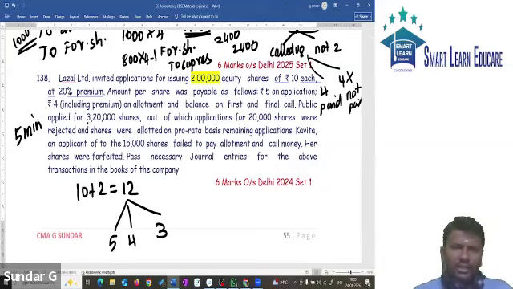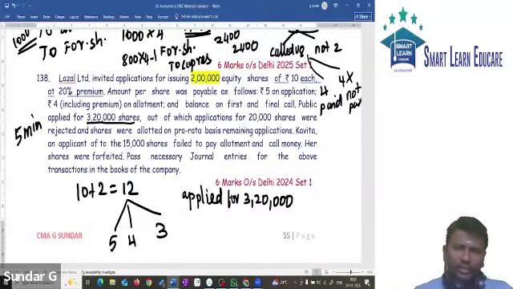Public applied for a total of 3,20,000 shares, out of which 20,000 were rejected.